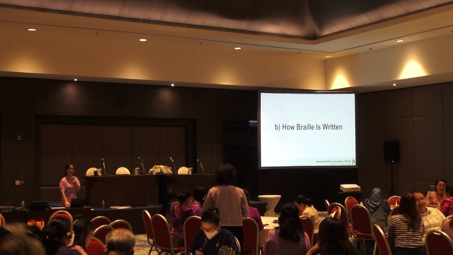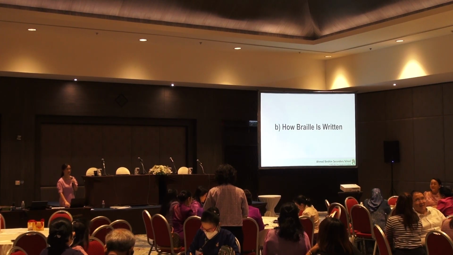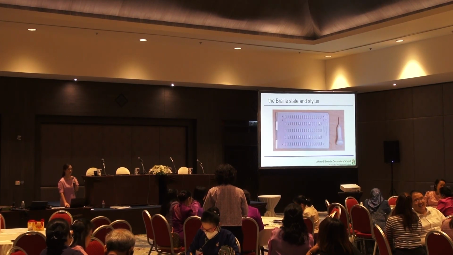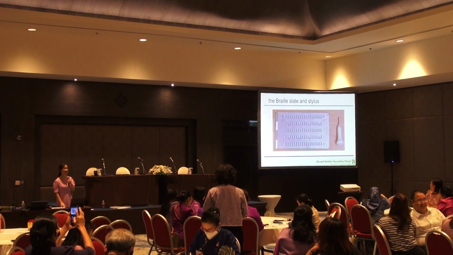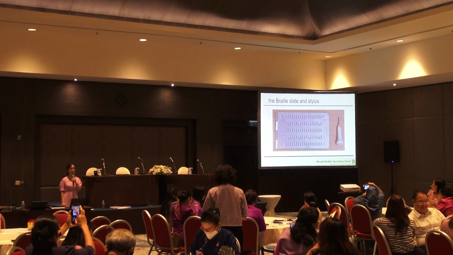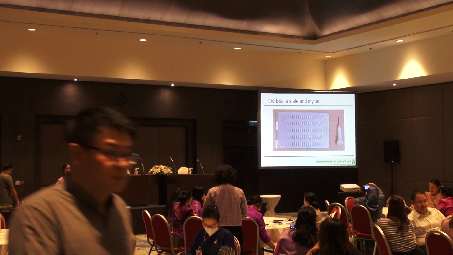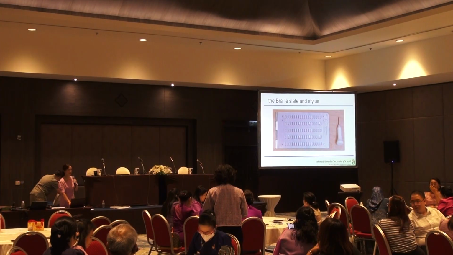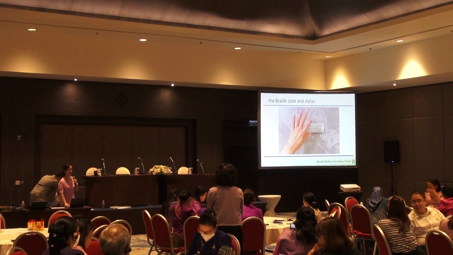Now, how is braille written? Slate and stylus. Okay, this is still being used in many developing countries. I brought some samples. You all can play with them later on.